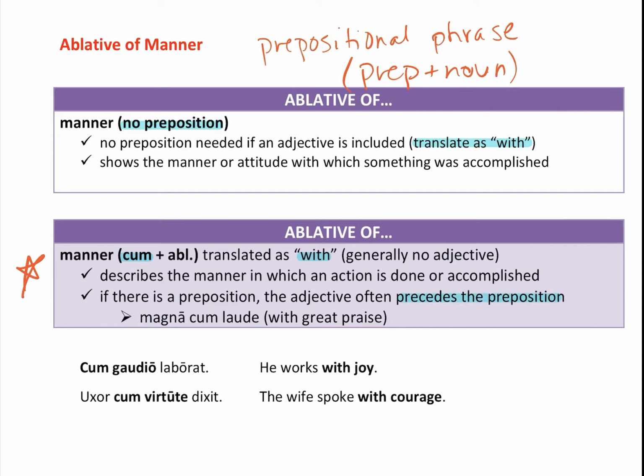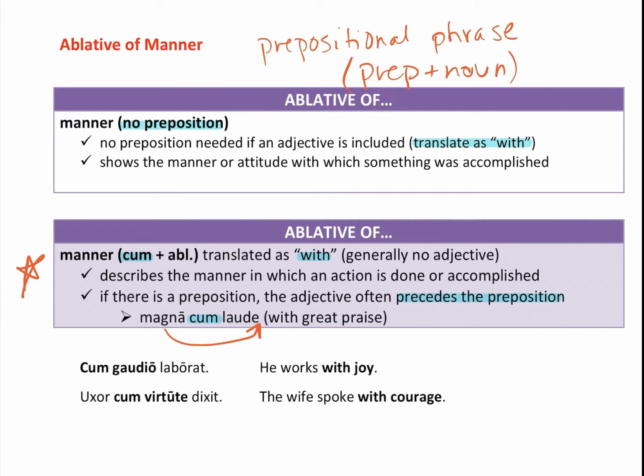Normally the adjective comes after the noun, but in this case, if you notice, the cum is right in the middle. So literally it's great with praise if we were going to translate that directly, but we translate it with great praise. So that's why you'll see a cum often in the middle of two words.